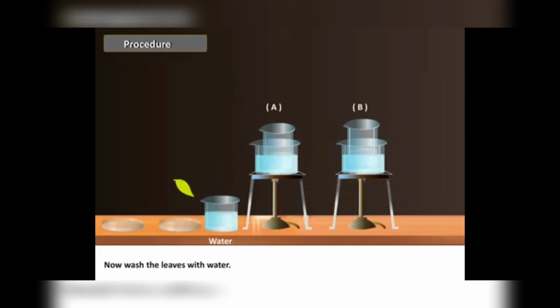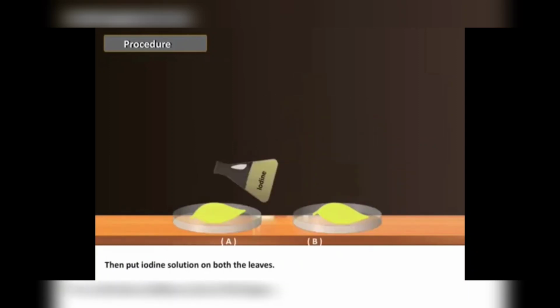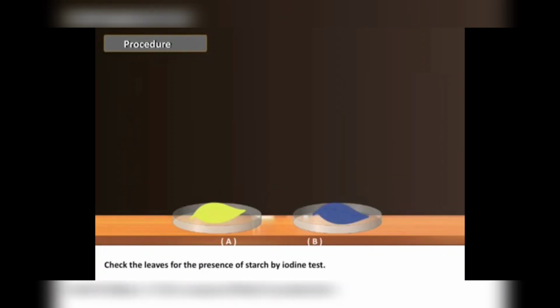Now, wash the leaves with water. Then put iodine solution on both the leaves. Check the leaves for the presence of starch by iodine test. Do both the leaves show the presence of the same amount of starch?